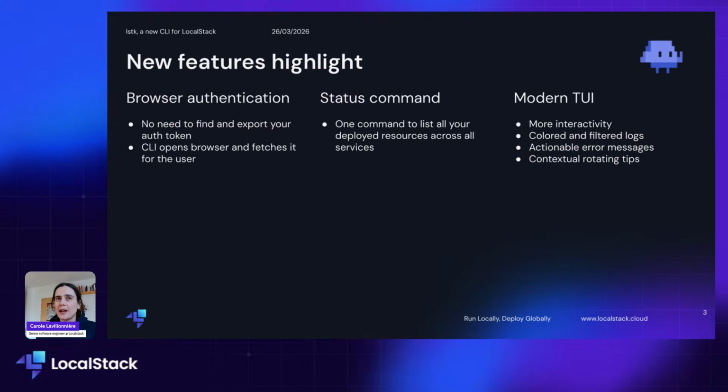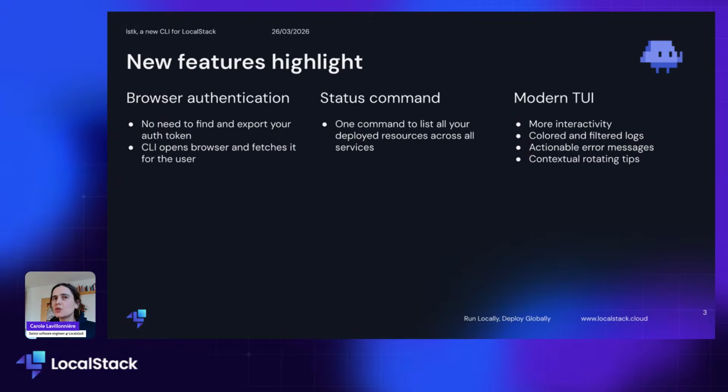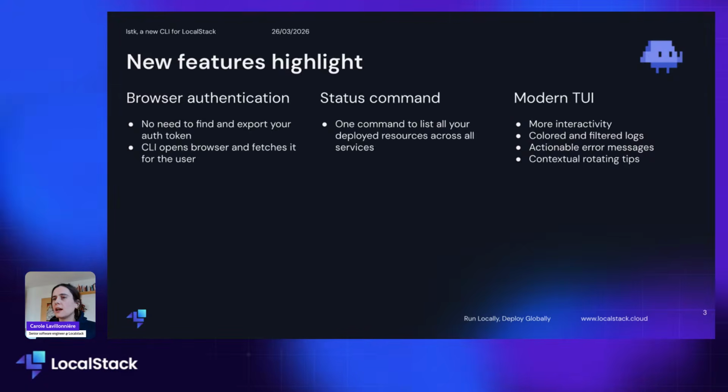And then the last highlight I wanted to talk about, and that you will see in a second in the demo of Silvio, is the new TUI. So we have a great UI that is much more interactive, with actionable error messages. We know, for example, that the logs output in the legacy CLI was kind of overwhelming, and we've worked on filtering those logs, making them colored so it's much easier to understand what's going on.